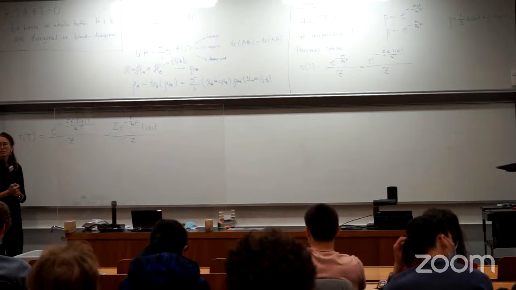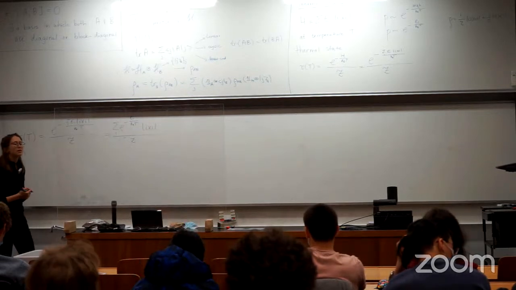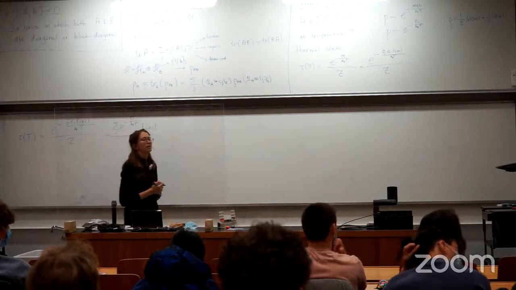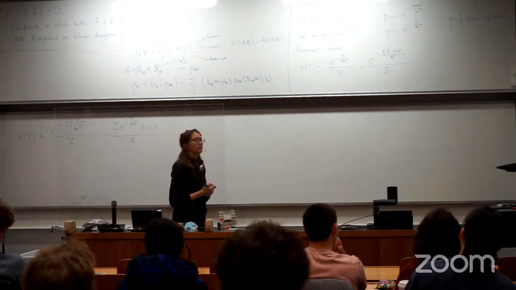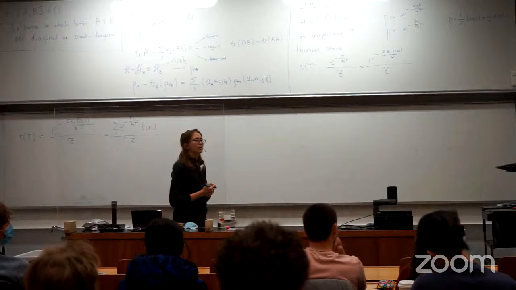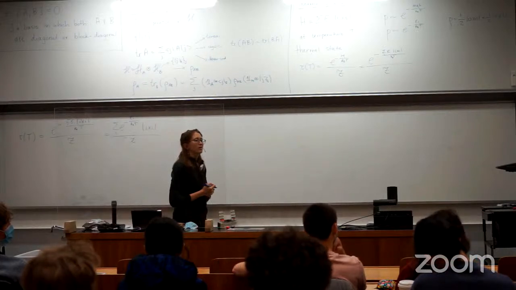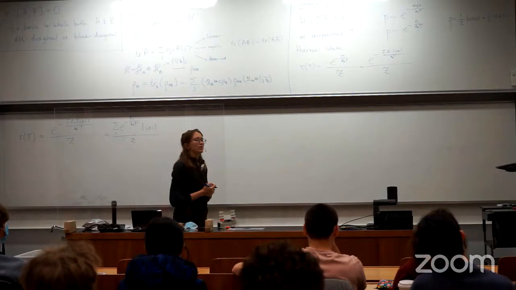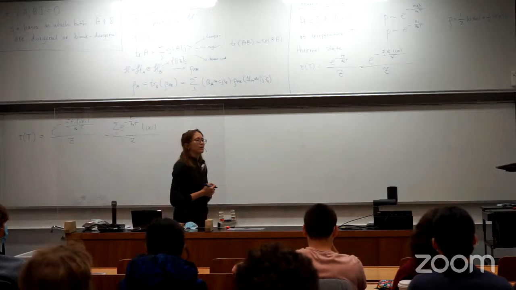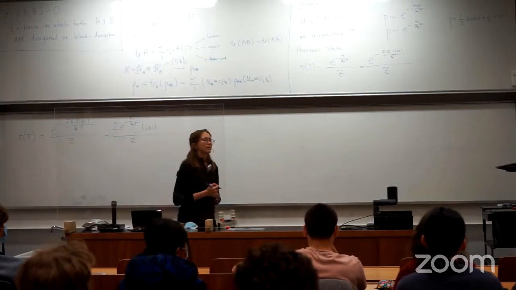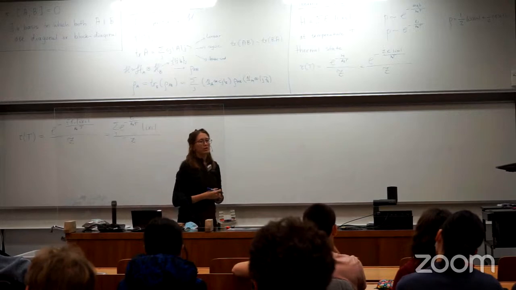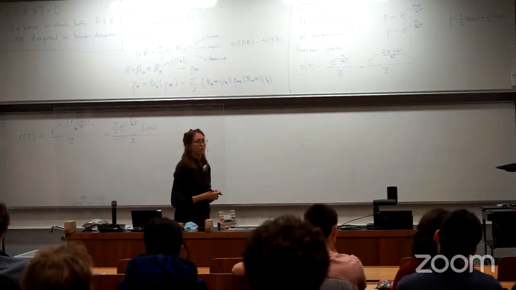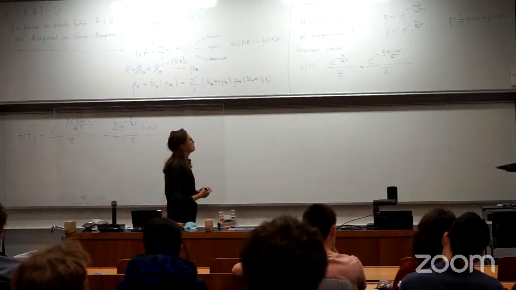When should you use the thermal state? It's a mixed state that corresponds to a specific Hamiltonian and specific temperature. But in the lectures, we say that a qubit always has some temperature. Does that mean any mixed state of a qubit can be written as a thermal state? We'll come to looking at the temperatures of a qubit later. But here we fix both the Hamiltonian and the temperature.